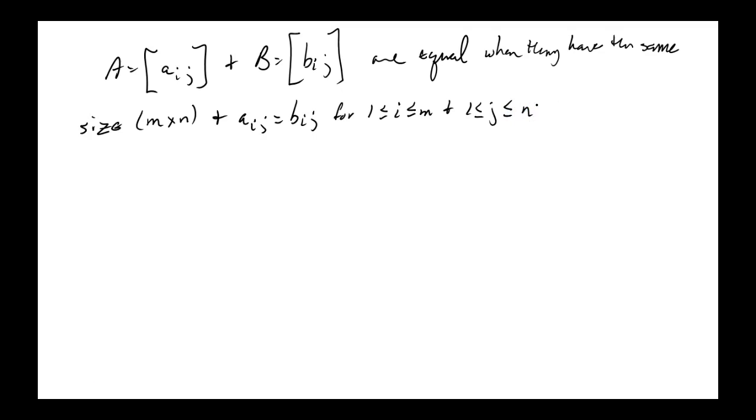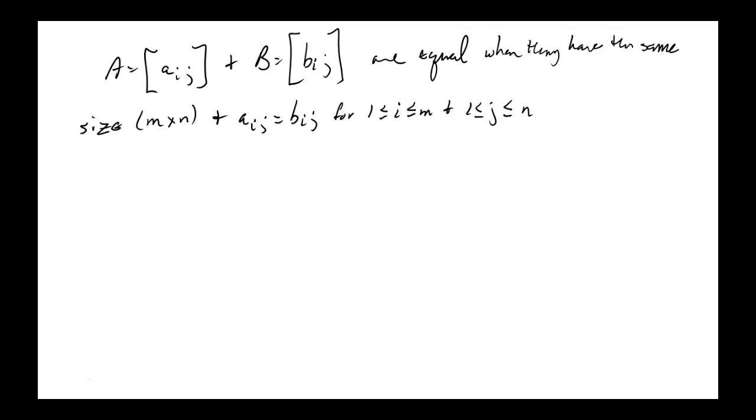So every possible combination, every element in matrix A, the corresponding element in matrix B has to be identically the same, or at least the same value. Like if one was 3 and the other was 9/3, those are the same values.